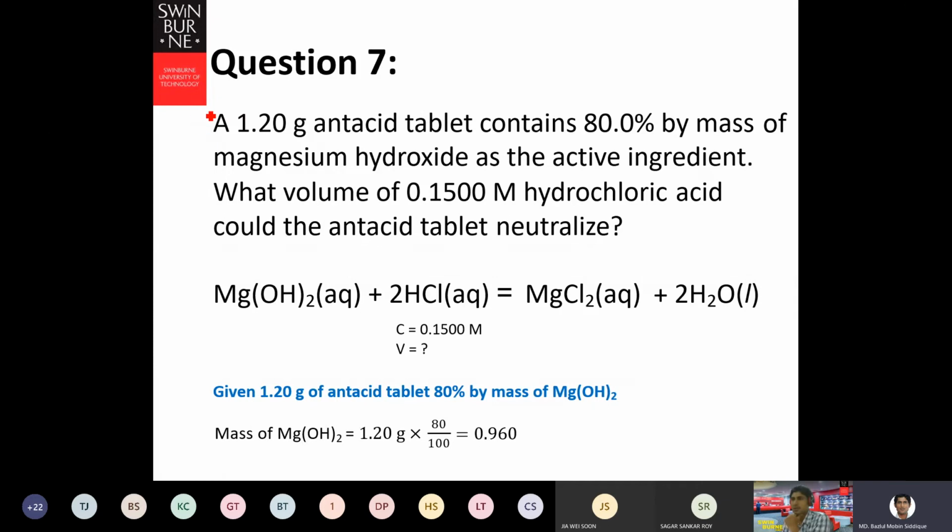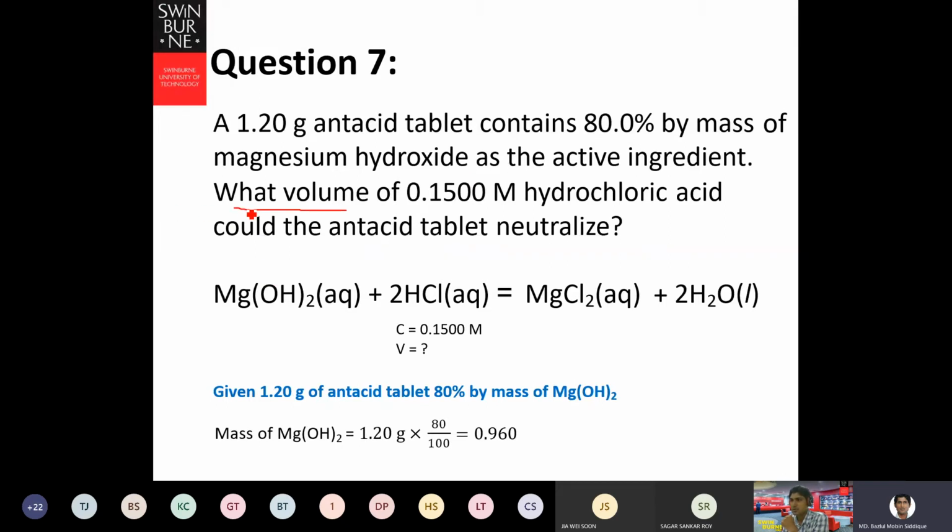All right, so question number 7 says that a 1.2 gram antacid tablet containing 80% by mass of magnesium hydroxide as the active ingredient, what volume of 0.15 molar hydrochloric acid could the antacid tablet neutralize?